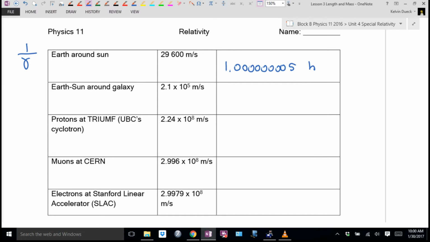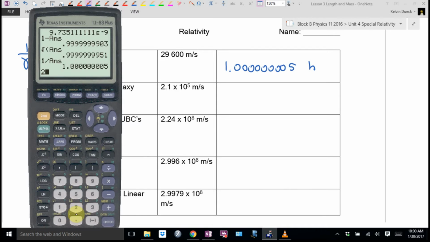The Earth and the Sun, our solar system, is moving throughout the galaxy at 2.1 times 10 to the 5th meters per second, which means time at the center of our galaxy is moving slower than time where we are. How much slower? Let's try plugging that in for V. 2.1 times 10 to the 5 divided by 3 times 10 to the 8, the speed of light, squared. 1 minus that.